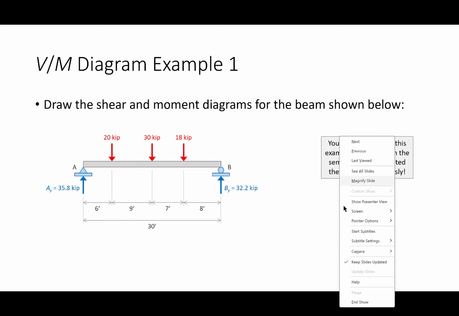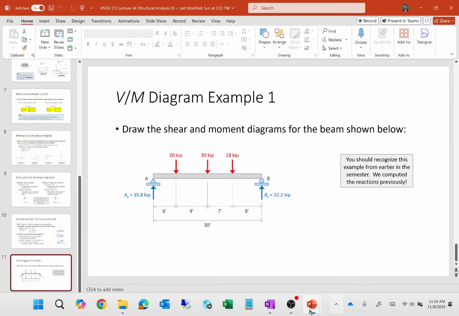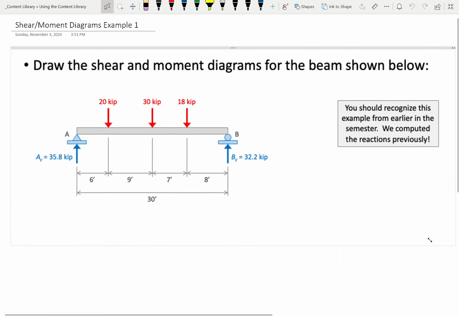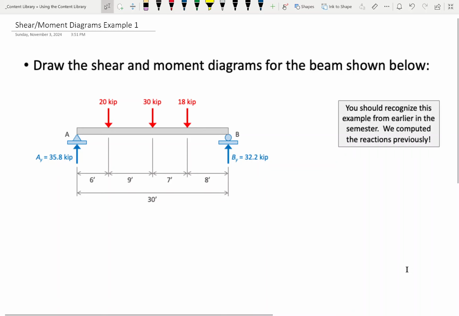So I want to look at this beam. And by the way, I am not a fan of just doing the same thing over and over again. We did this problem already in this class. I gave you this beam when we first started doing reactions, and we've already computed the reactions. So are you okay that I just gave them to you as opposed to chugging them out?